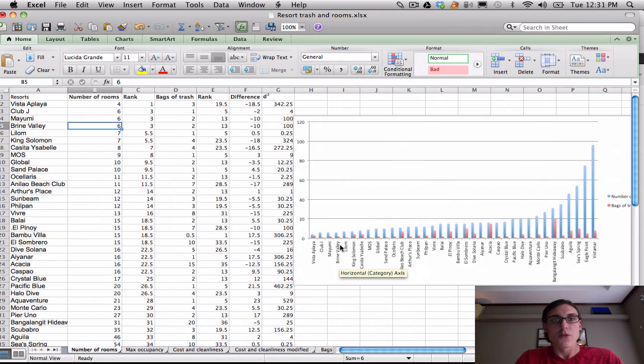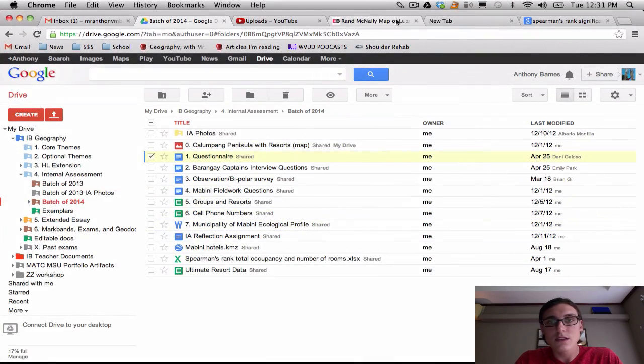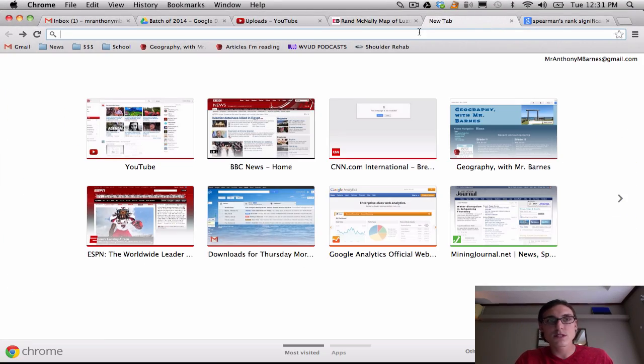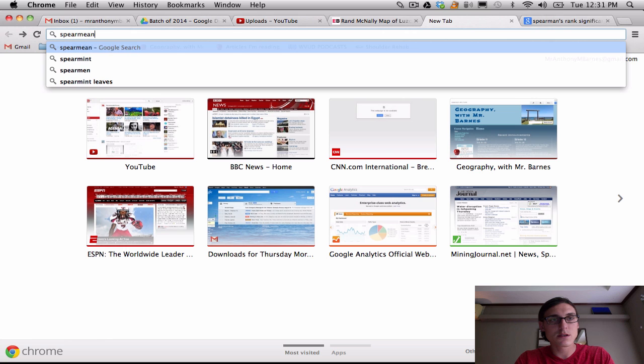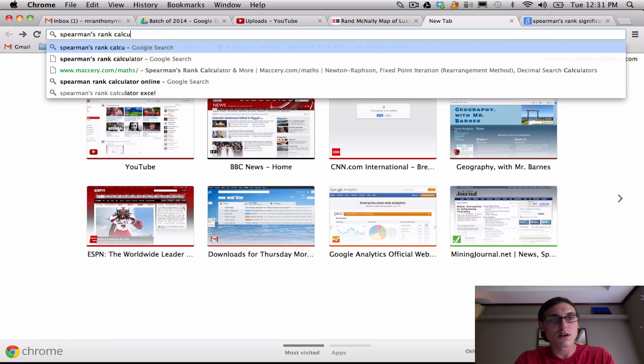All right, the way that I ran a Spearman's rank, the easiest way, and I would suggest this, is to go ahead and type in Spearman's rank calculator.